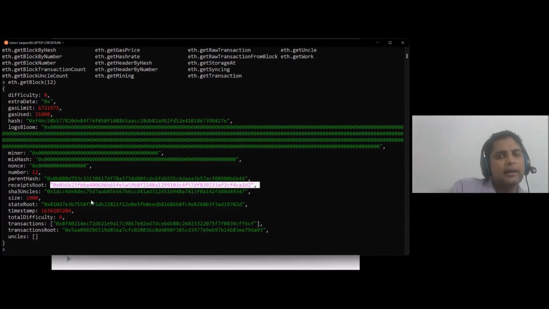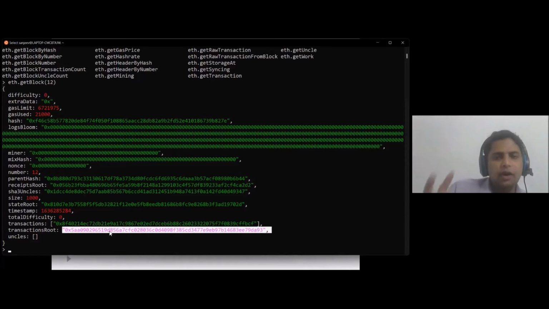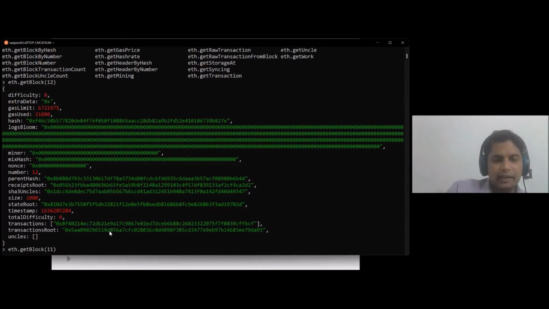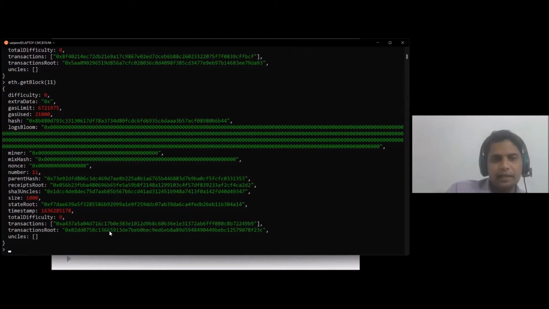It's a Merkle root, etc. State root, and the number of transactions. What is the transaction? So all this information will be unique to this particular block. And if I see block number 11, that will have different data altogether.